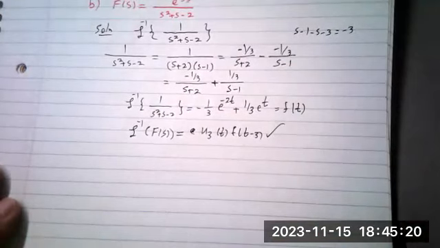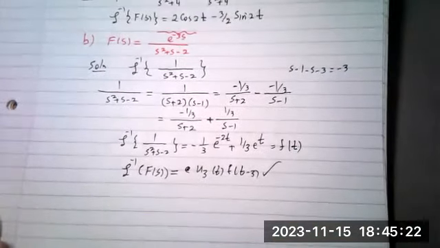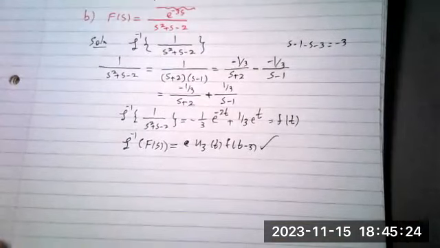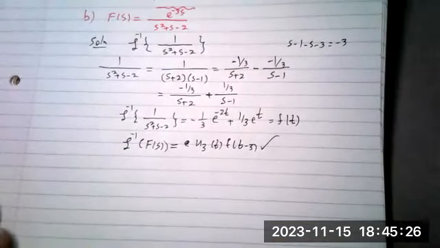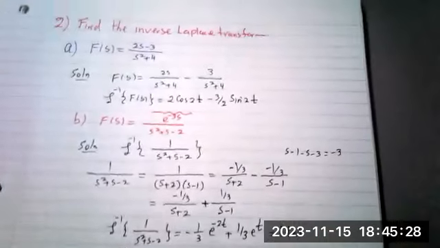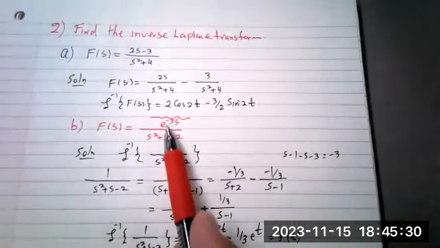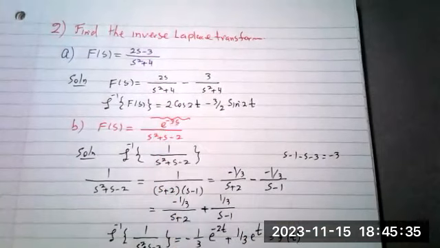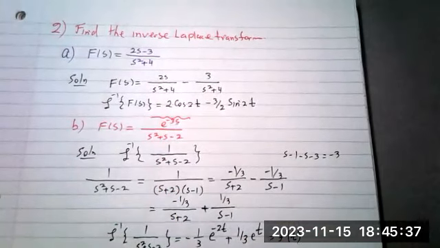Any question? Now we need one more. Yes. At the beginning, as soon as you see this factor, e to the negative cs, you recognize this must be done by the translation. That's the key.